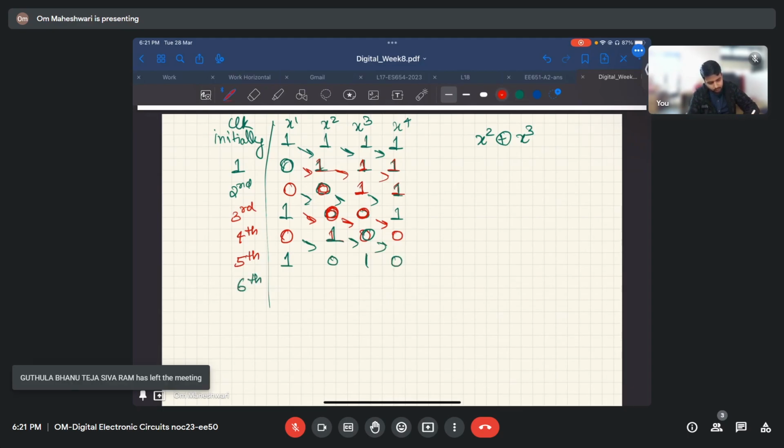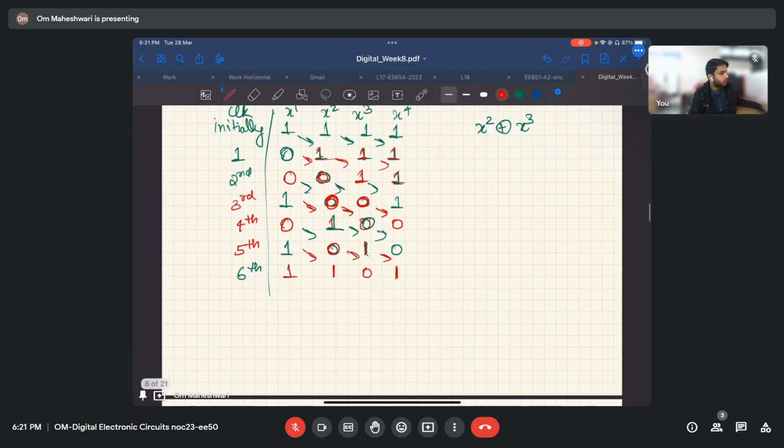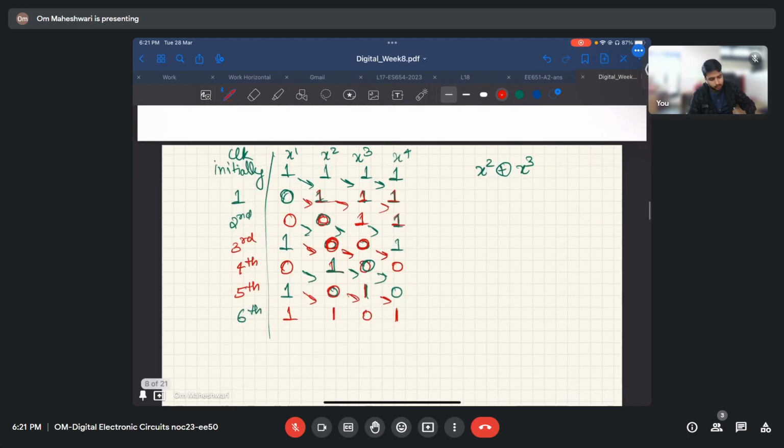The sixth cycle, 0 and 1 XOR is 1. We will shift here, 1 0 1. And in the seventh cycle, let's see if I made a mistake or not.